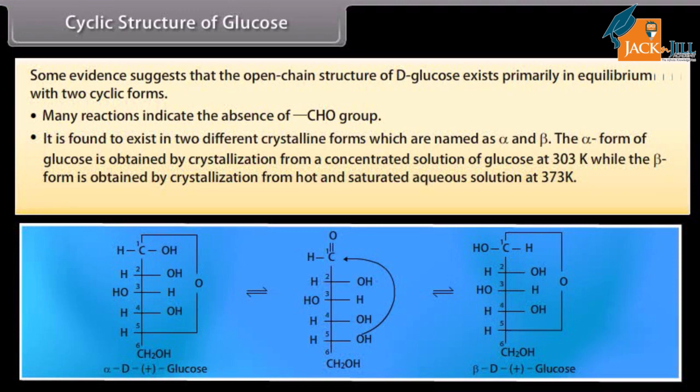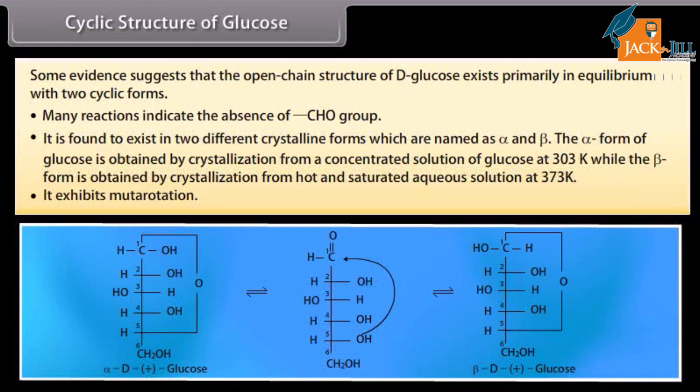The alpha form of glucose is obtained by crystallization from a concentrated solution of glucose at 303 Kelvin, while the beta form is obtained by crystallization from a hot and saturated aqueous solution at 373 Kelvin.